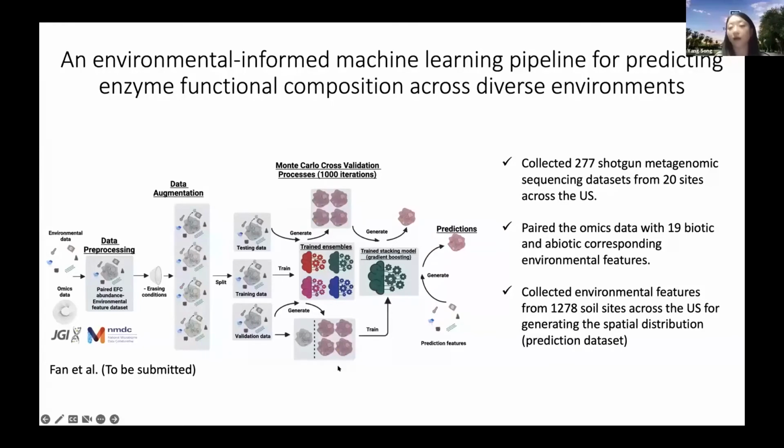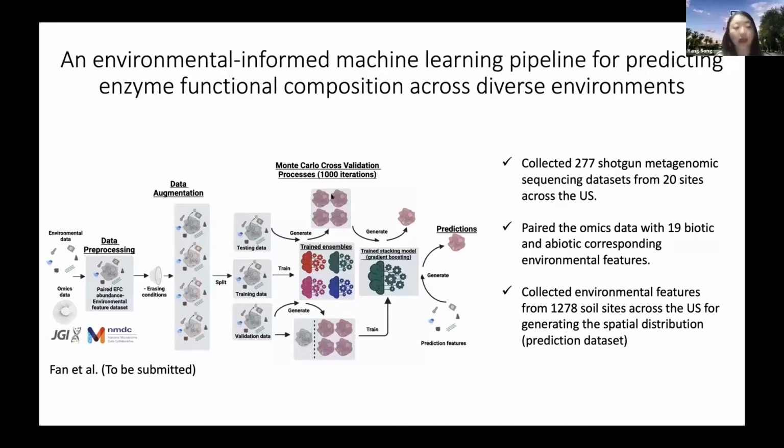Here we collected around 300 metagenomic sequence datasets from around 20 sites across the whole US, including forest, grassland, and different kinds of land cover, and paired them with around 19 biotic and abiotic environmental conditions, for example soil texture, soil chemistry, climate conditions, and even aboveground vegetation, like the productivity of the vegetation.